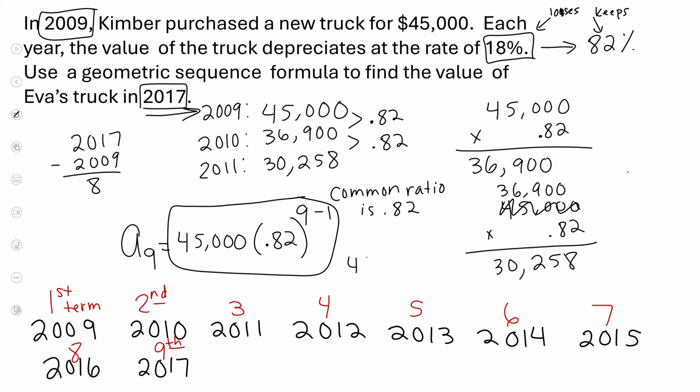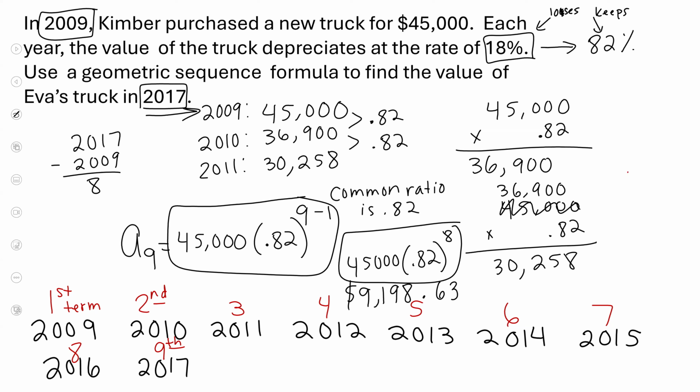So you're going to type this into your calculator. And your answer will be 9,198.63. That is the value of the truck after 8 years has passed. In 2017, this is the value of your truck.